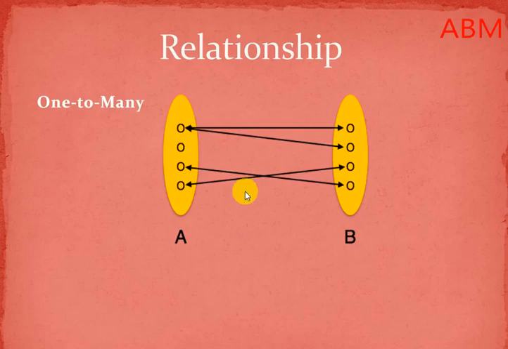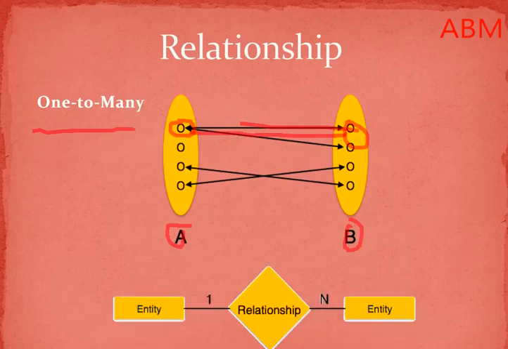One-to-many relationship. In a one-to-many relationship, you can see that one instance of the entity A is going to make a relationship with two instances of B, which is called the one-to-many relationship. We can take the example of a teacher and subject.